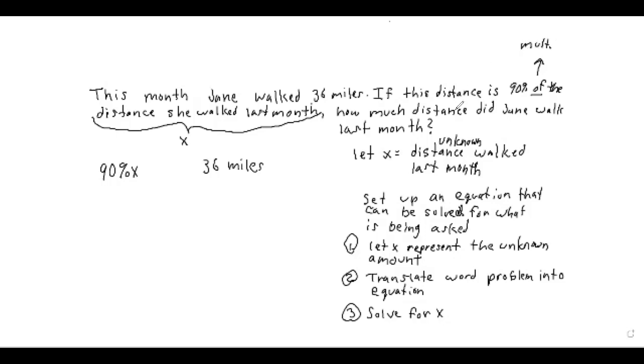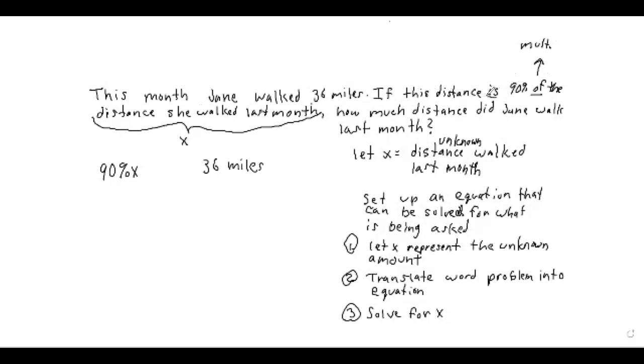So what they're saying is the distance is 90% times x, where x represents the distance she walked last month. What distance are they talking about? They said this month Jane walked 36 miles, right? This distance, that's 36 miles, is 90% of the distance. So 90% times x.